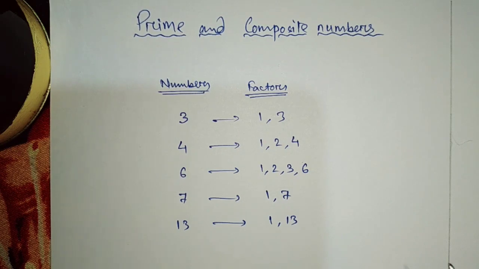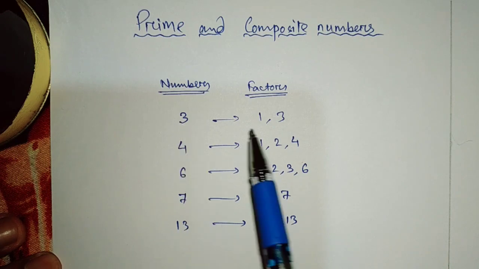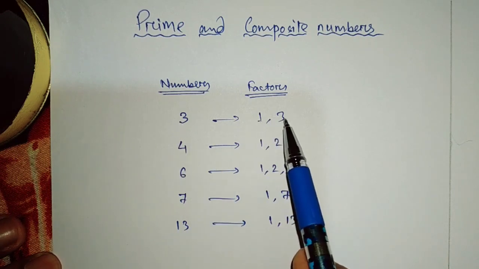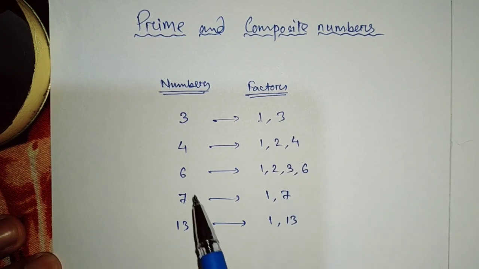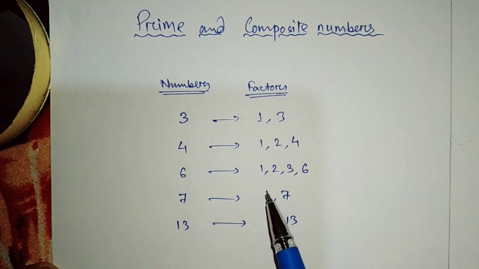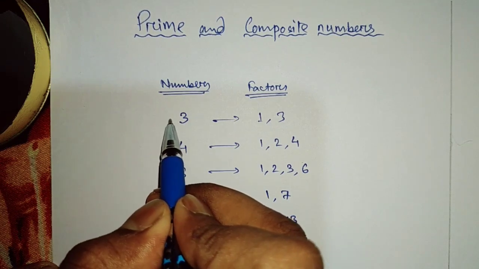So the numbers which have only 2 factors, 1 and the number itself, like 7, are called prime.